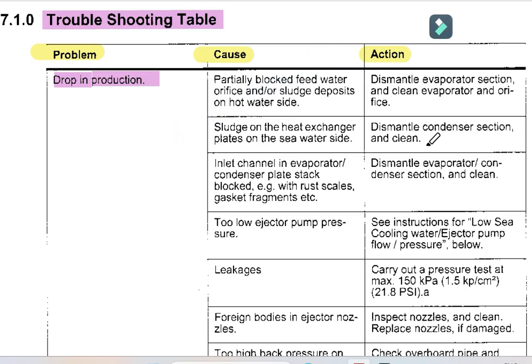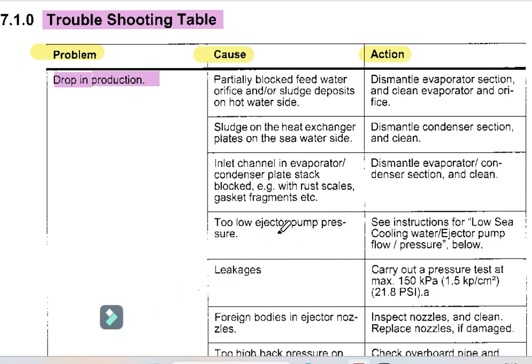So problem will be solved. The inlet channel in the evaporator or the condenser plate is getting blocked, maybe with the rust scales, or the gasket has broken and the fragments are basically blocking the channel. So in that case it needs the cleaning either of the evaporator or condenser passages.